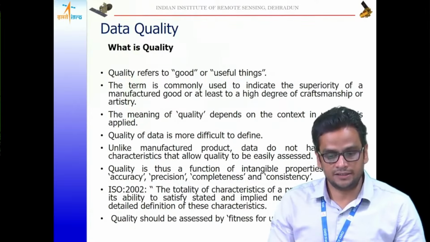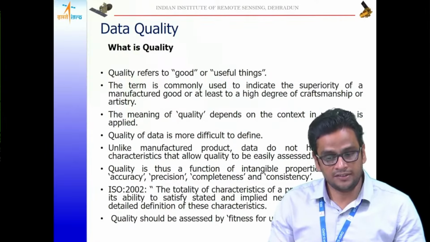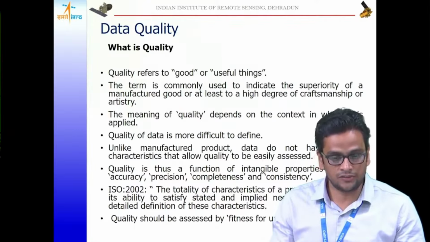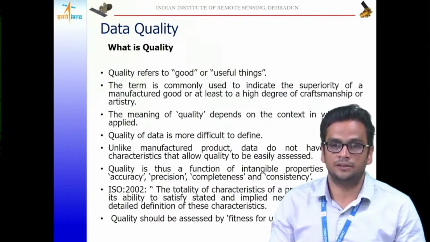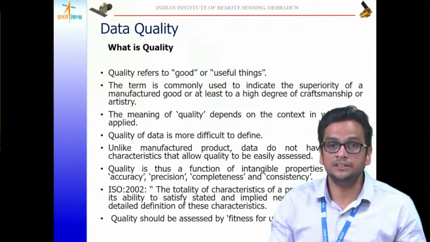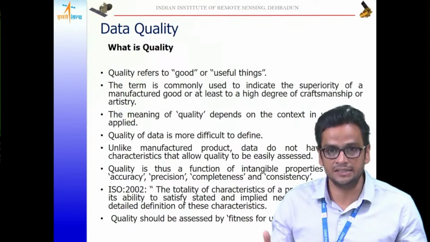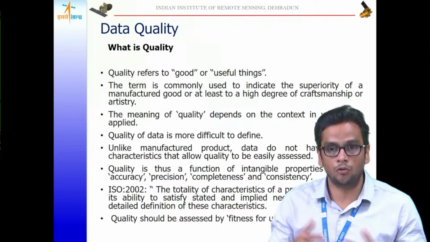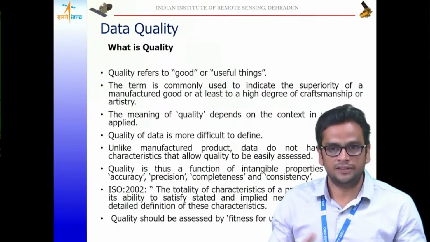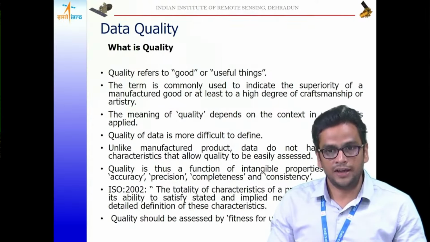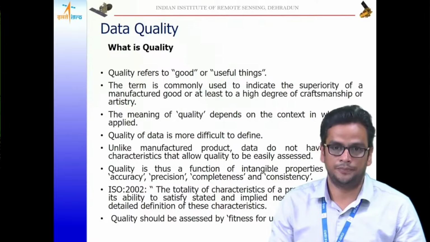So quality is thus a function of intangible properties such as accuracy, precision, completeness, and consistency. So we talk about these aspects: accuracy, precision, completeness, whether data is complete or incomplete or over complete, and what is the consistency of this data. All these things we generally define, then only we can tell this is of good quality data.